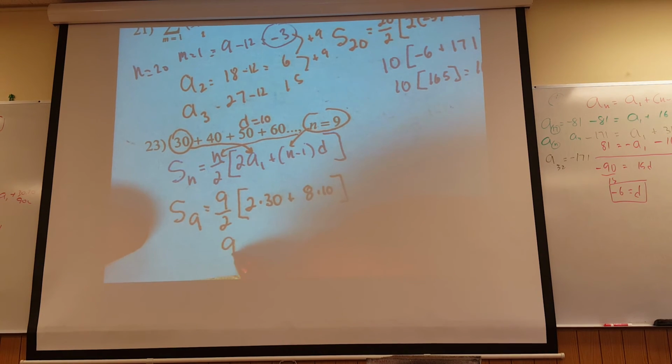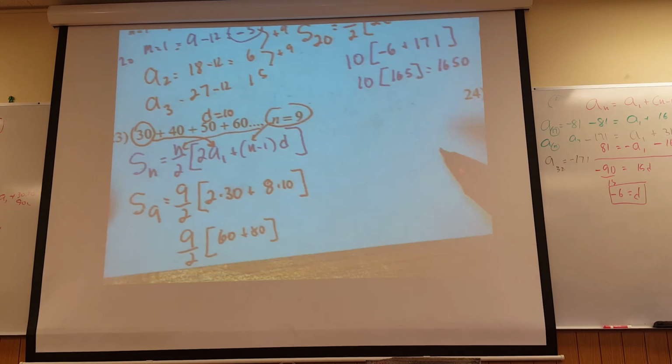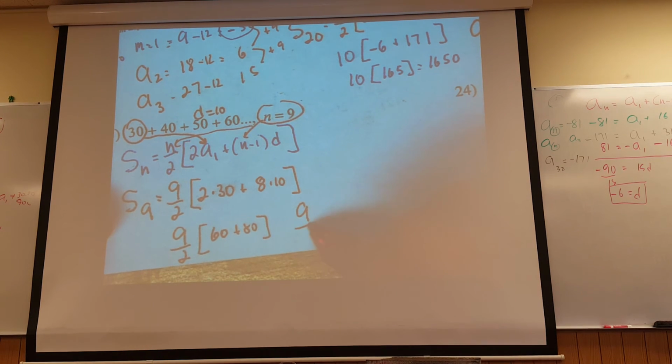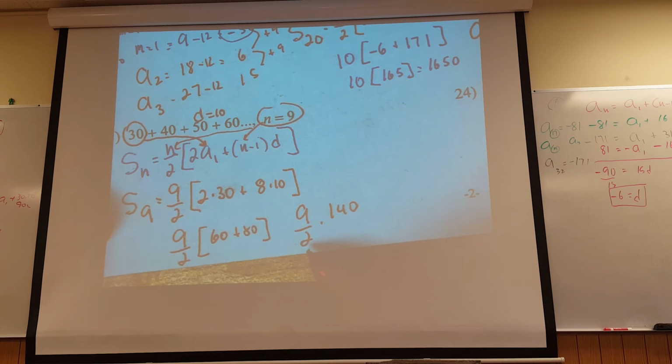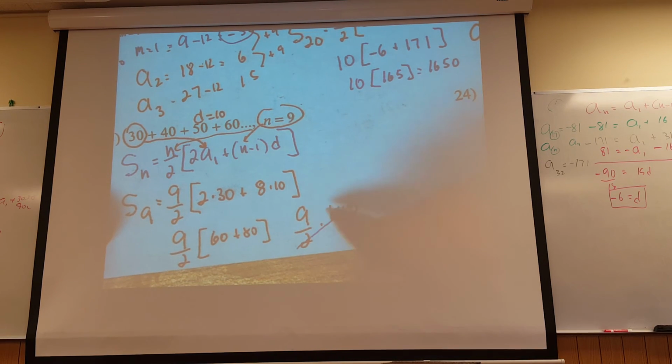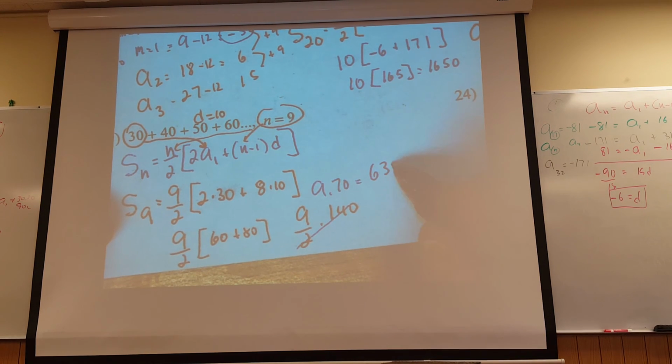So I have 9 over 2, and you have 60 plus 80. So you have 9/2 times 140. I divide 2 into 140, which gives you 70. So 9 times 70 is 630.